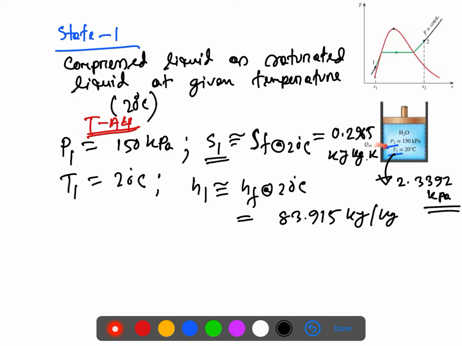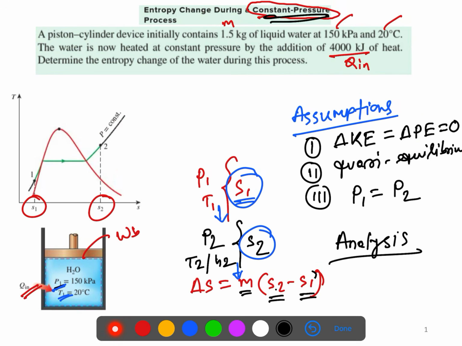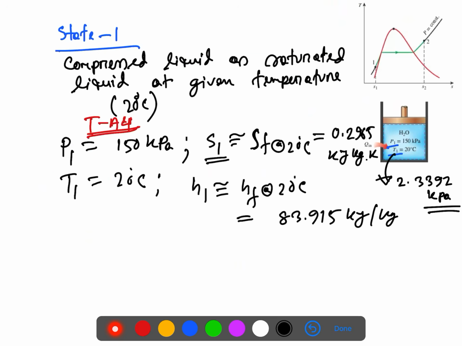So these are the two properties. Here, guys, look carefully. If you go back, we actually need S1 and S2. So here we calculated S1 from table A4, and we also calculated the enthalpy.